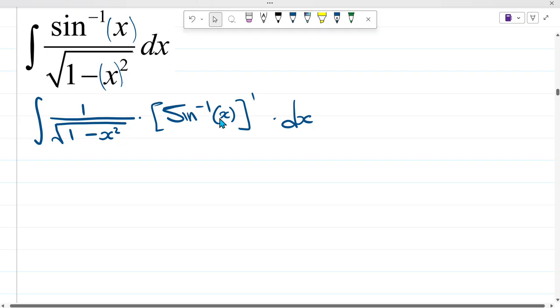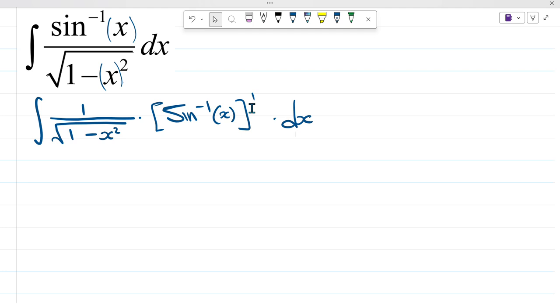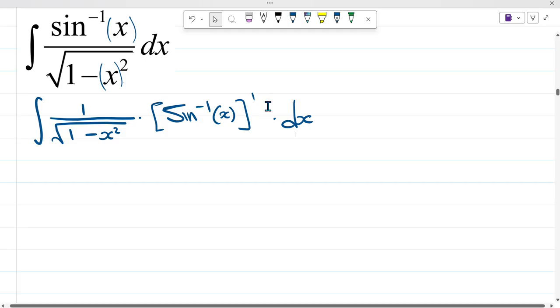So since I have f of x and f prime of x, and my n here is not equal to -1, then I can just make use of the general power rule, right? Then you say, no wonder that guy is cooking on YouTube. That guy is good. So I can just use the general power rule. So all in all, let's just use the general power rule here, because if we let our sine inverse of x be f of x, then this becomes f prime of x without us having to do anything to it.